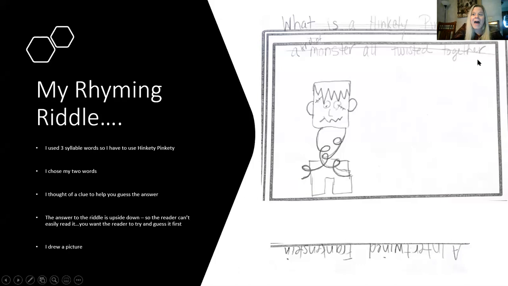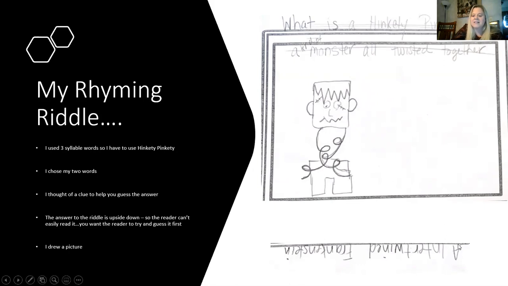So my clue is, what is a hinkety pinkety for a kind of monster all twisted together? There's my picture. I'm hoping that this helps you get at least one of the words, and then you would try and have to think of a word that rhymes with the clue's twisted together.